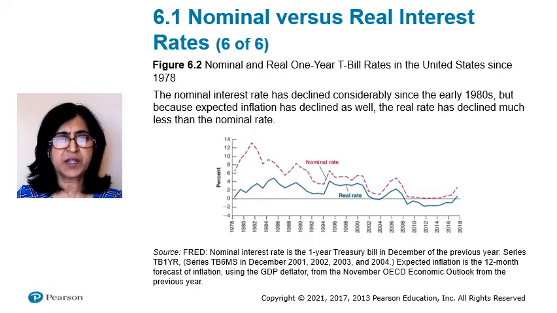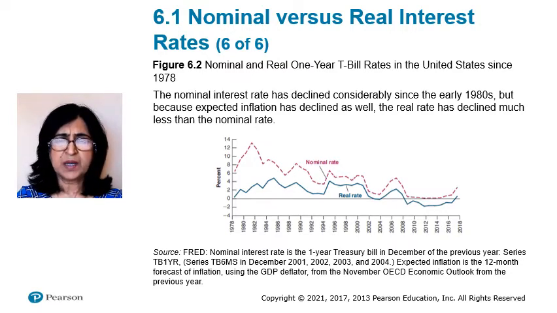Nominal versus real interest rate in the United States since 1978. Figure 6.2 shows the importance of adjusting for inflation. Although the nominal interest rate was much lower in 2006 than it was in 1981, the real interest rate was actually higher in 2006, about 1.7%, than it was in 1981, about 1.4%.